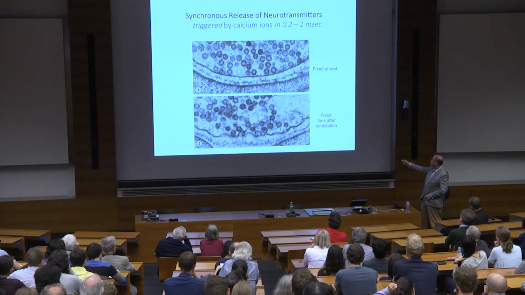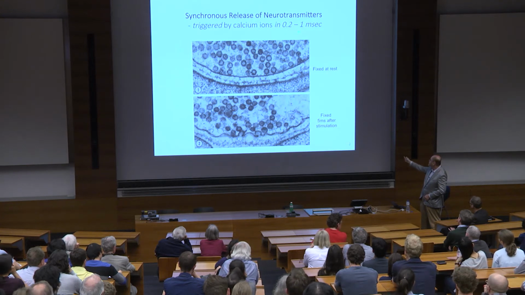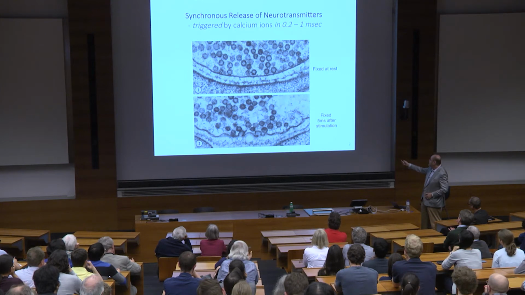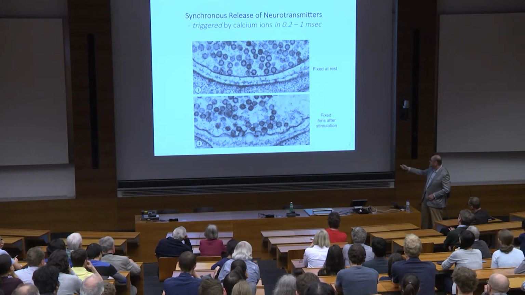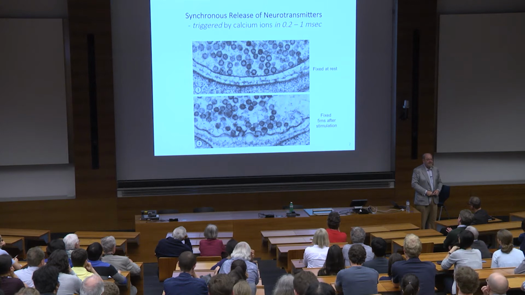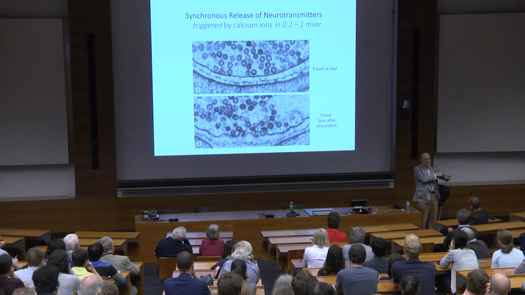Specifically, how it is that as calcium ions enter, release occurs in 0.2 to 0.1 millisecond for the readily releasable pool. Now, I want to just remind you that the presynaptic plasma membrane is also rich with voltage-gated calcium channels. And these calcium channels open up as the electrical impulse, the action potential, reaches the end of the wire.